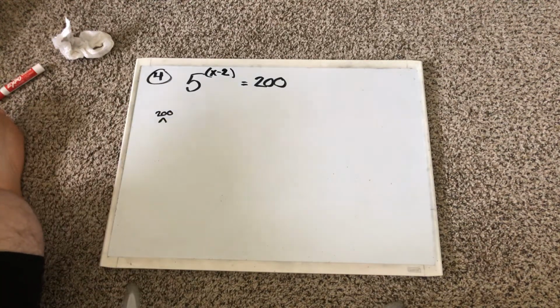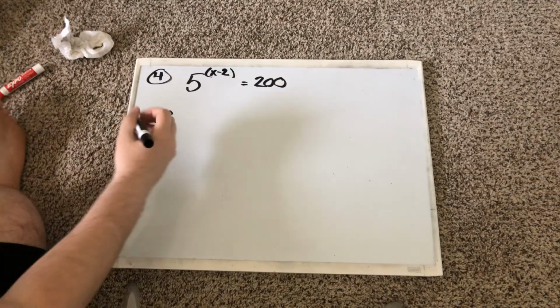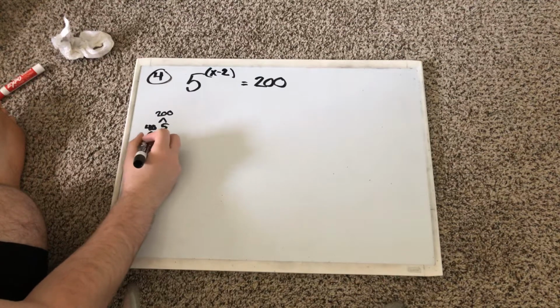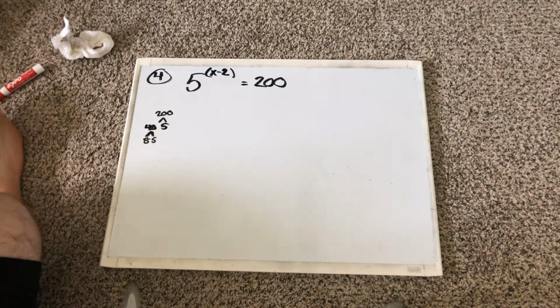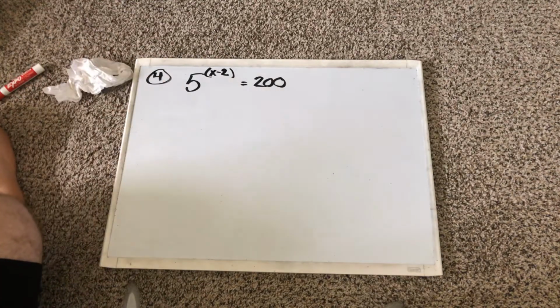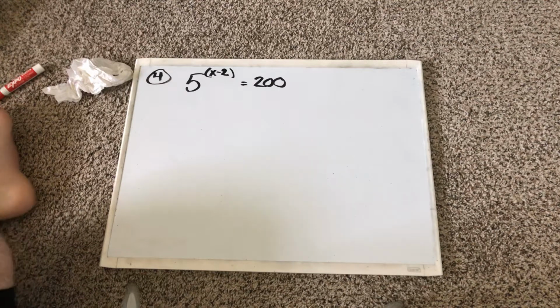Well, 200 divided by 5 is 40, 5 and 8, and it's not going to work out. We're not going to get perfect things. So that's where we're going to have to use our second strategy, where we turn into log form and use our change of base.